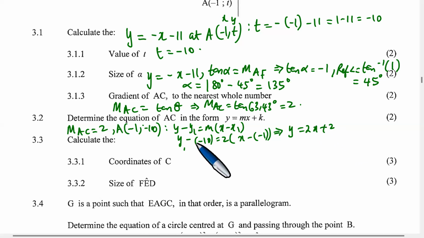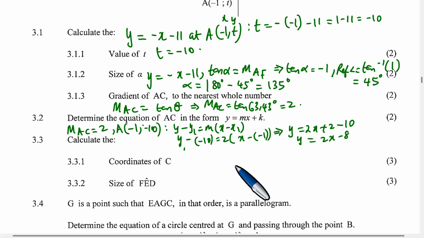This is negative by negative, which is a +10. You move it across, it becomes -10. And therefore, what is the equation? The equation is actually 2x minus 8. And that is the equation of the line AC in the form y equals mx plus k.